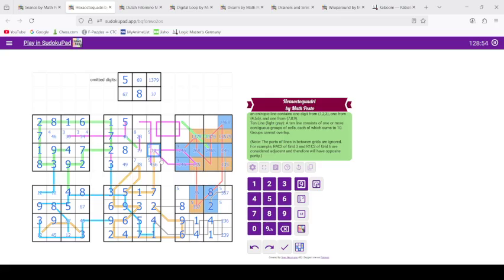If this were a 3, this were a 1, 2 pair.